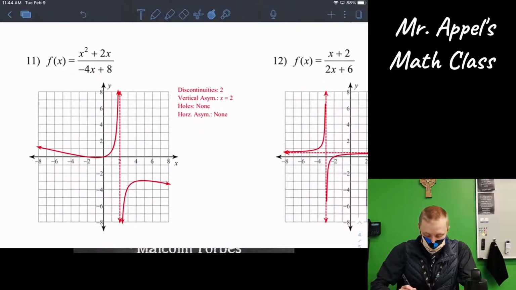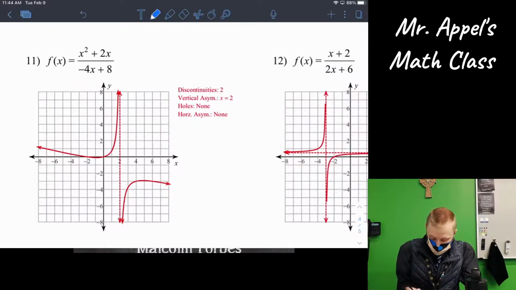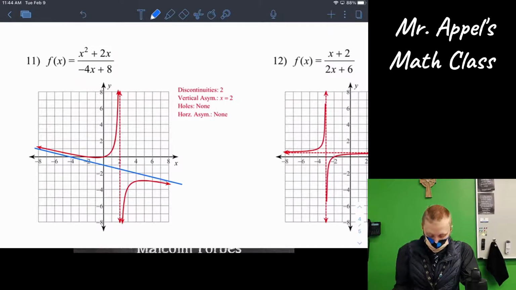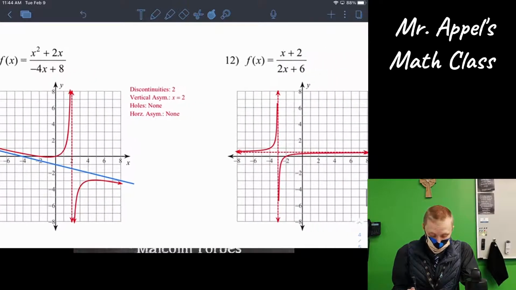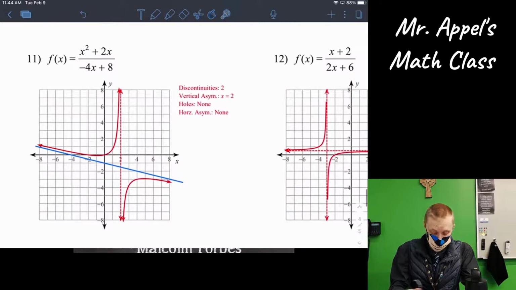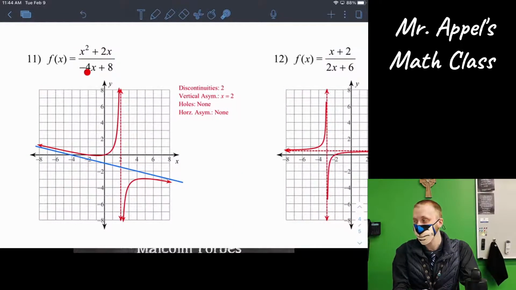And there is 11, another slant asymptote in here. Let me just give that a sketch in, there we go. You didn't have to find the equation for the slant asymptotes, but just know that one exists and recognize that it would at least be a negative slope there.